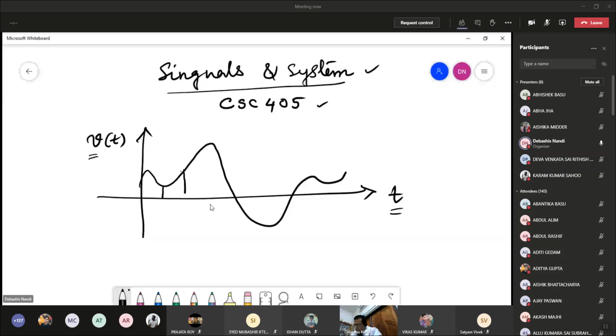For example, suppose this is 0.1 second. At 0.1 second, what will be the value of Vt? You can measure this. This amount is the value. Similarly, suppose this is 0.01 second and this is 0.2 second. Here also it is possible to say what is the value.